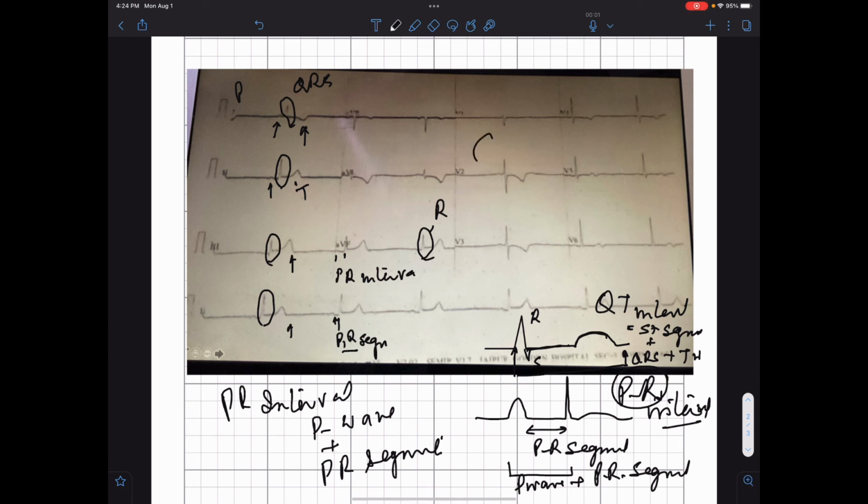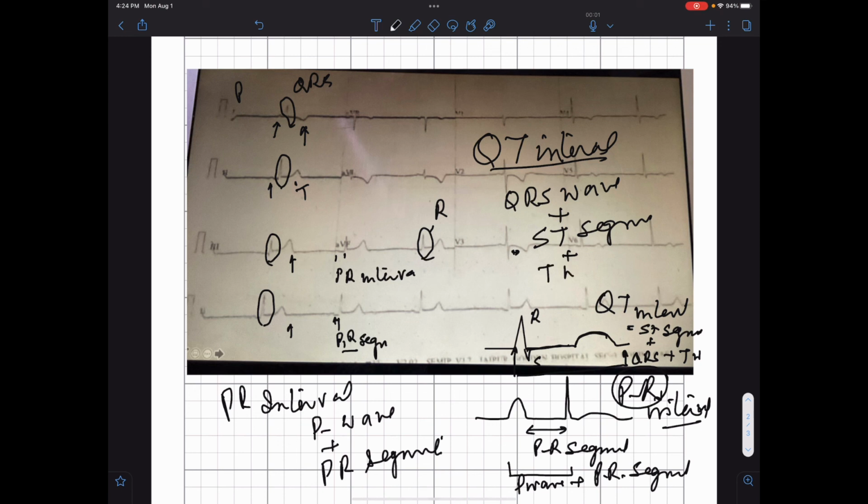So the QT interval is equal to the QRS wave plus the ST segment. So this is the ST segment, and then the T wave. So it has two waves, QRS and the T wave, and a segment which is known as the ST segment.